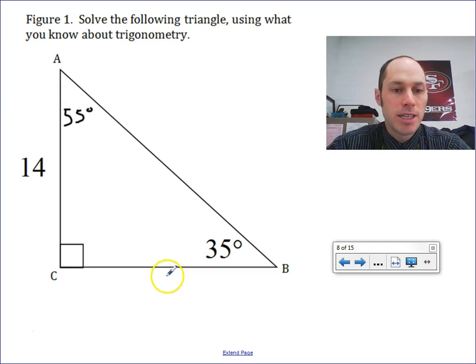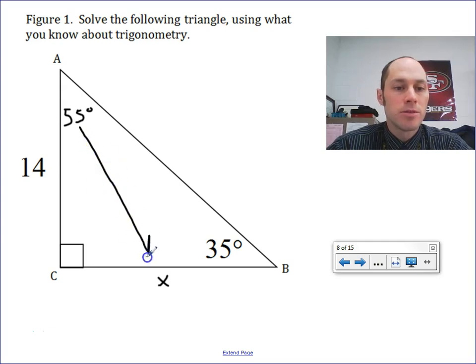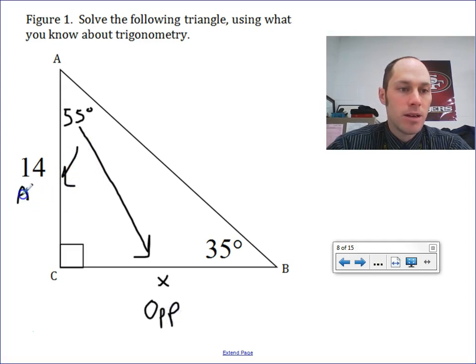Now I need to find BC. So I can use either angle. I'm going to start up here and look down. Here's my opposite side, and this will be my adjacent side. Remember, the adjacent is the one shared. Well, this one would be my hypotenuse because the hypotenuse is always across from the right angle.